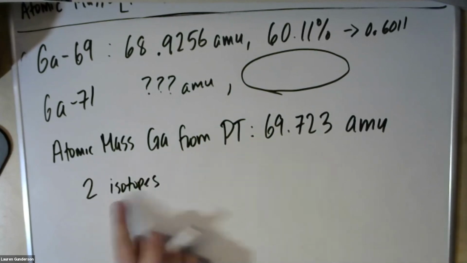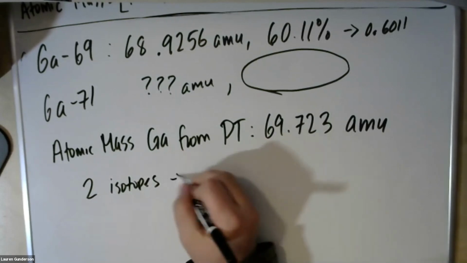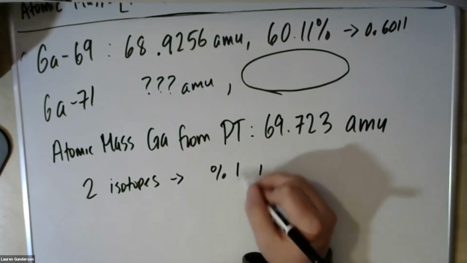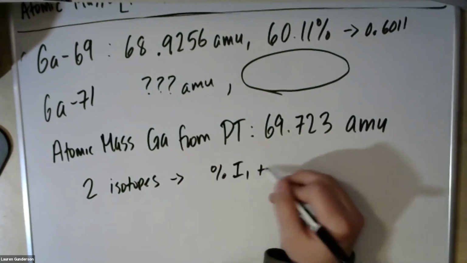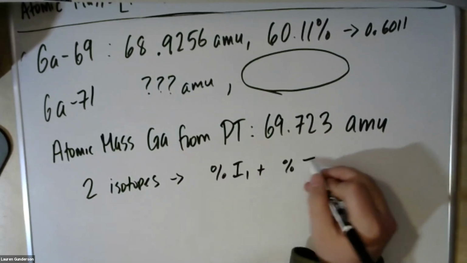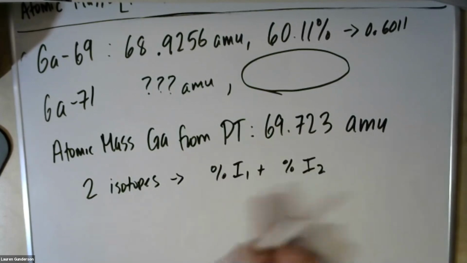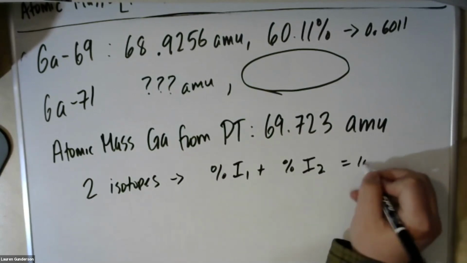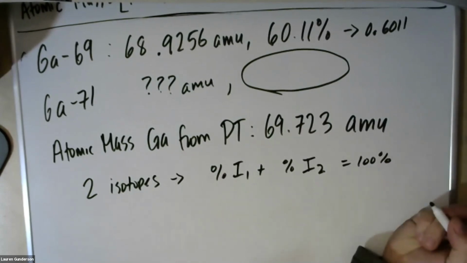okay? If we have 2 isotopes, then the percent of isotope 1 plus the percent of isotope 2, what do these have to equal? When you add percent 1 and percent 2 together, they have to equal 100%.